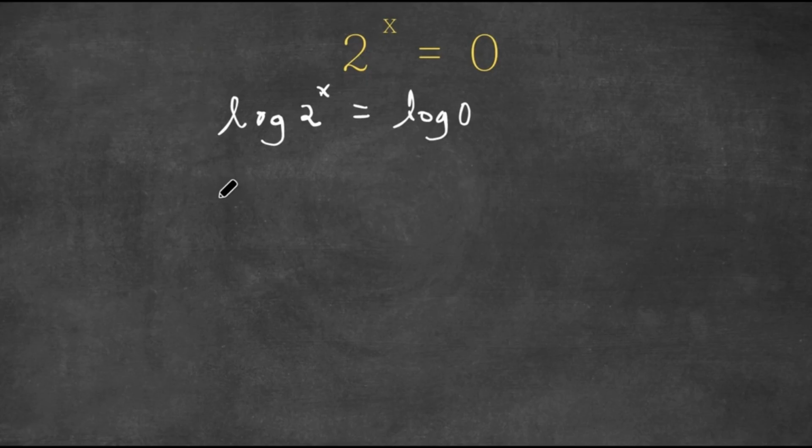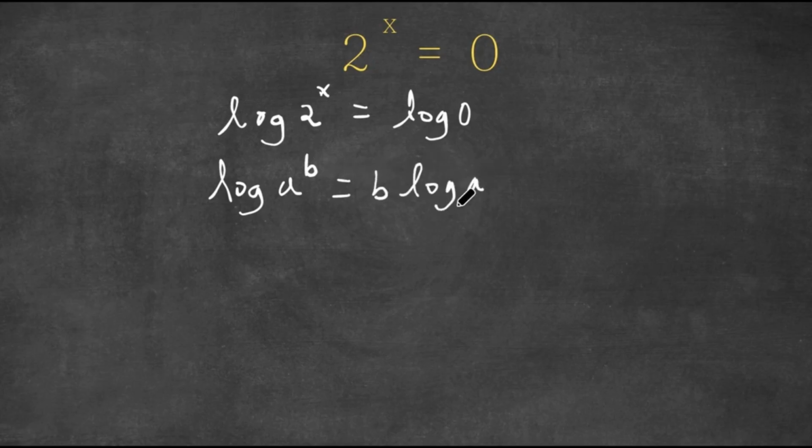Now, if I have something in the form log a to the power of b, this is equal to b times log a, because I can actually move this exponent b to the front of the logarithm. So this is an important property of logarithms, and I'm going to use this property on log 2 to the power of x. So I'm going to simply move this x to the front of the logarithm.